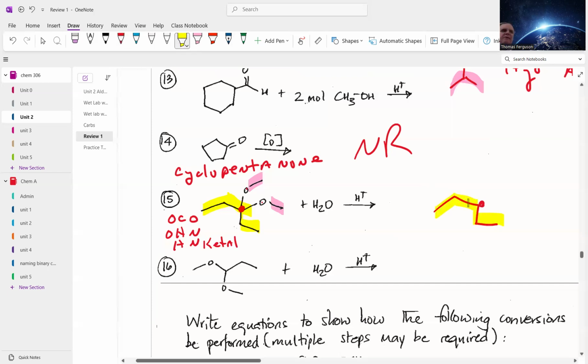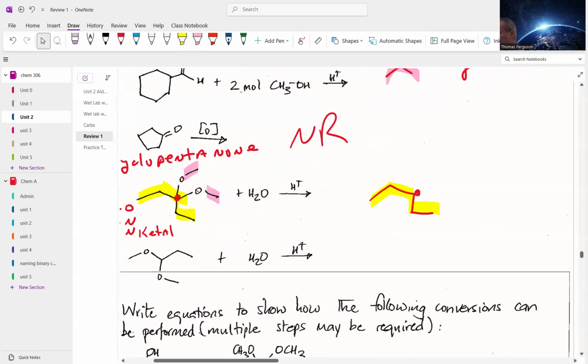And the primary backbone does not change. It's carried throughout either the oxidation phase or the reduction phase. And then first one alcohol comes off, leaving an OH.